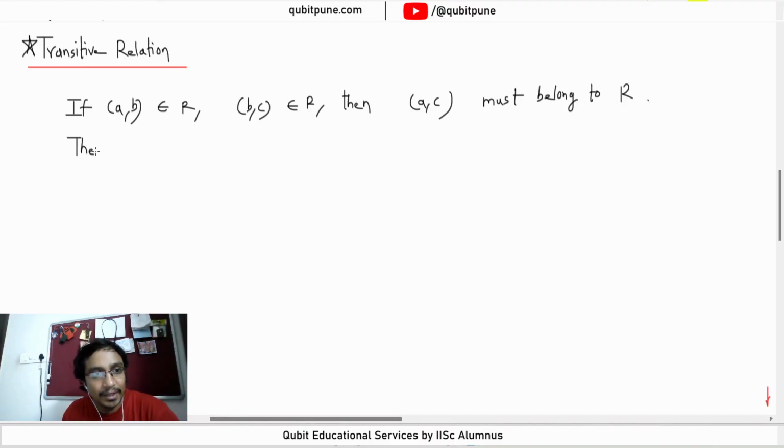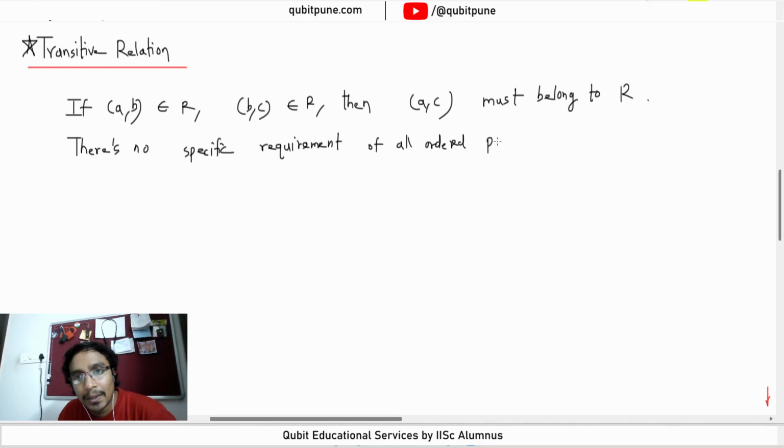There is no specific requirement of all ordered pairs. Otherwise it will be a universal relation, and we don't want that.